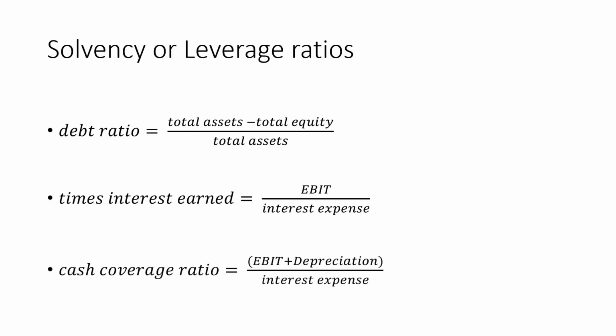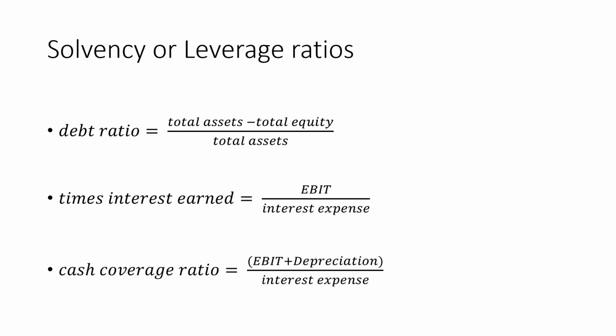Then the next one is the cash coverage ratio. Earnings before interest and taxes is not a true representation of cash flow for a company because the company has never paid depreciation expense during that period, right? So we add back the depreciation to get an operating cash flow for that company before taxes, of course, divided by the interest expense. So this is the real cash ability of that company to service its interest expense.